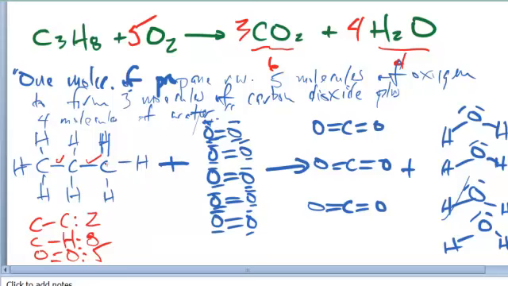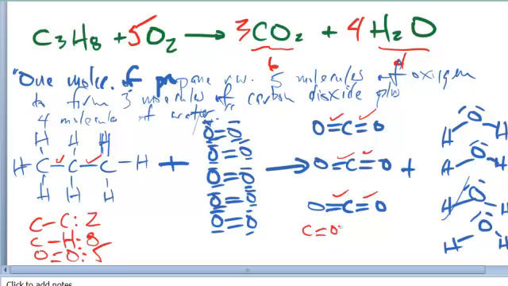Okay, so that's what we have on the reactant side. Now let's go over and see what's going on the product side. It looks to me like we have a number of carbon-oxygen double bonds. So there's a carbon-oxygen double bond here and here, there and there. That's 3 and 4, 5, 6.